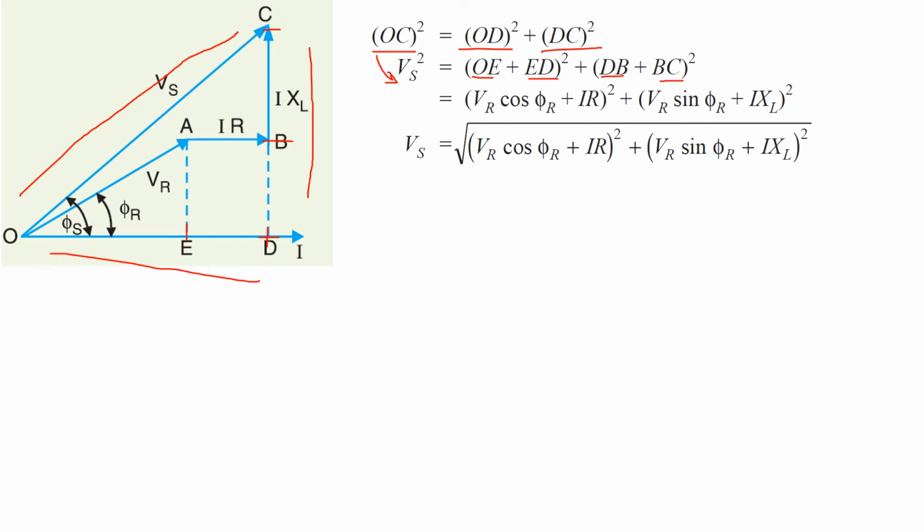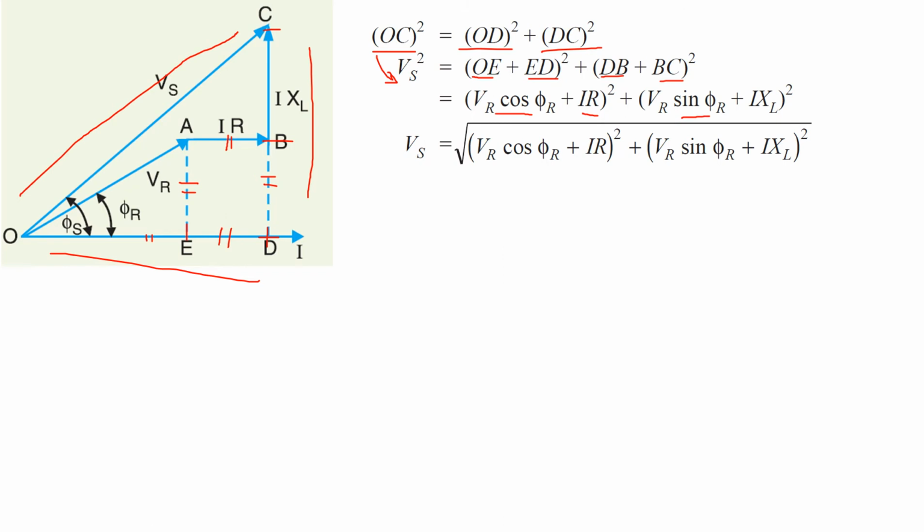Now look at this OE. Consider the triangle OAE. In that case, OE is nothing but VR cos phi R. And ED, you can see that this IR is equal to ED, so ED is replaced by IR. Similarly, this line dB is the same as AE, and this AE is nothing but VR sine phi r.